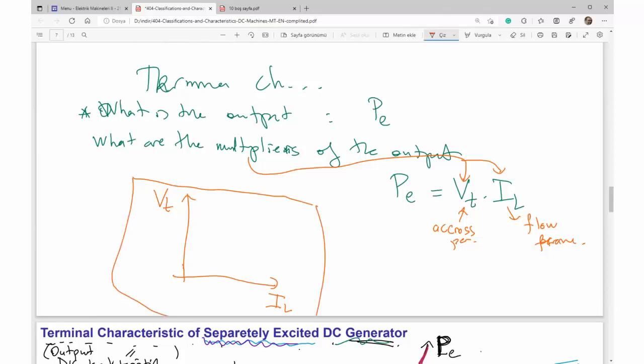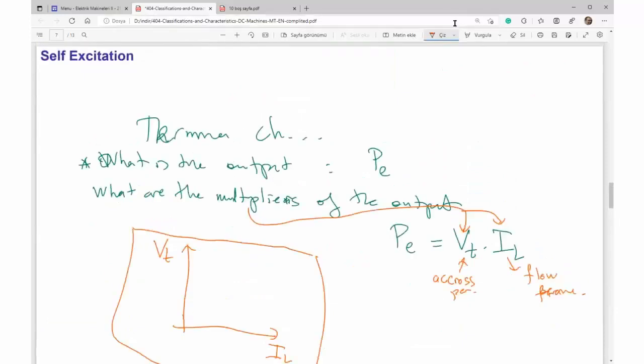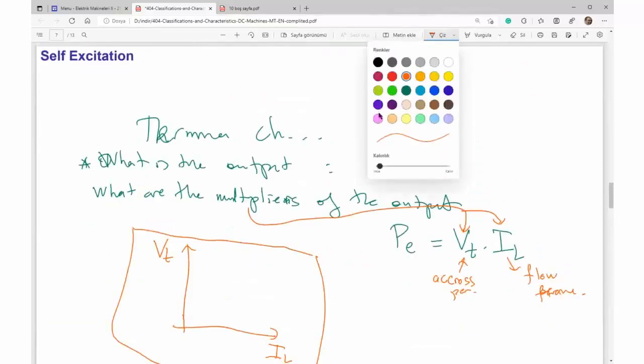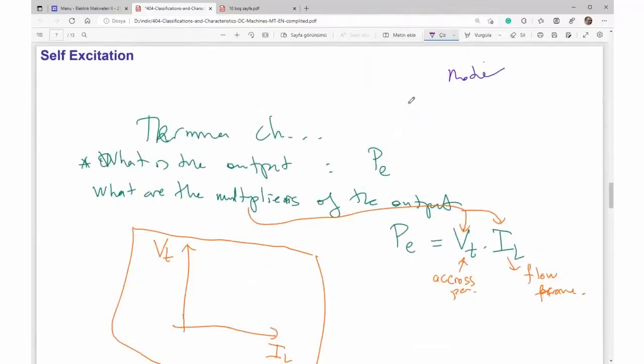It doesn't matter. For example, let me show you. In a motor, let's ask ourselves, what is the terminal characteristic of a motor? What is the output of a motor? Output is mechanical power. What are the multipliers of the output? Mechanical power is equal to torque times angular speed.